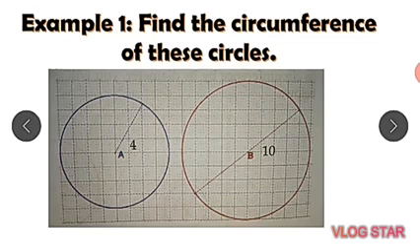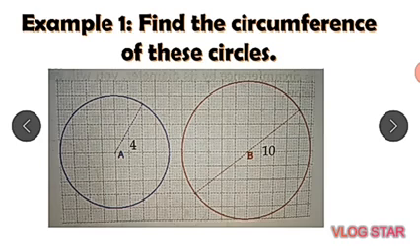Now let's proceed to this example. Find the circumference of these circles, where in the first circle the given is the radius, which is 4. In the second circle the given is the diameter, which is 10. Let's use the formula for radius and the formula for diameter.